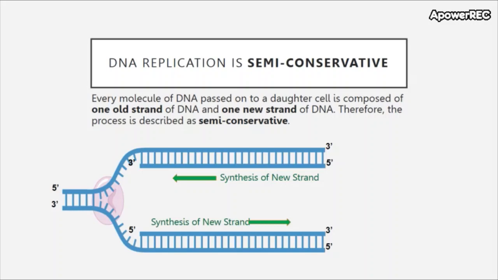And because of that, we call this semi-conservative, in that the new strand of DNA is part old and part new. So we can imagine here we have the two old strands, and in the middle is the synthesis of the new strands in the 5' to 3' direction.